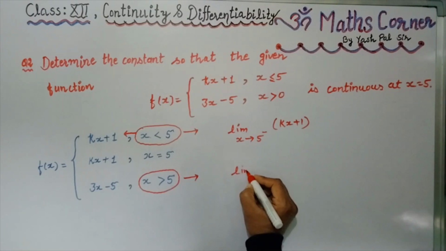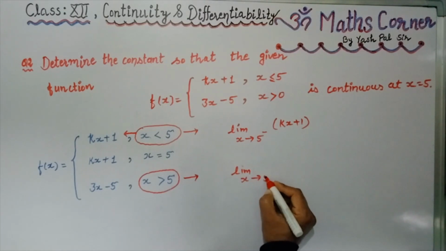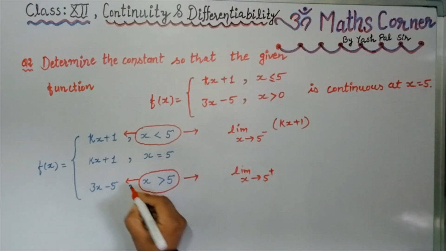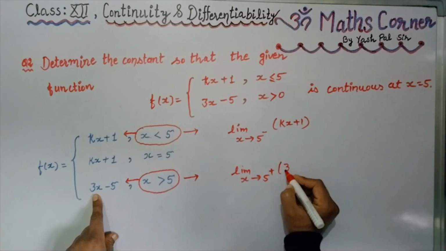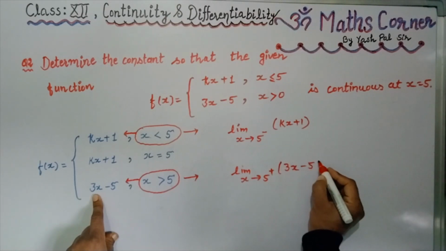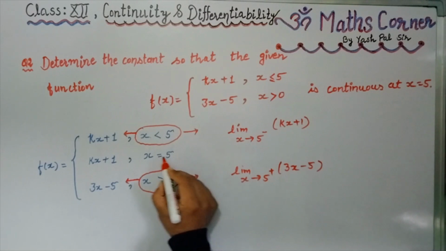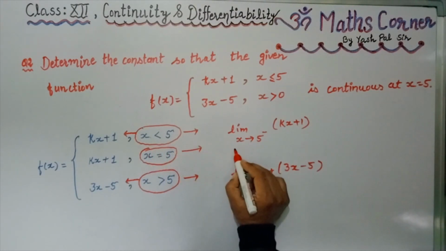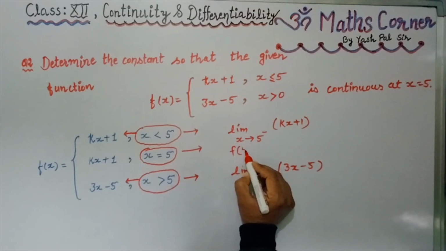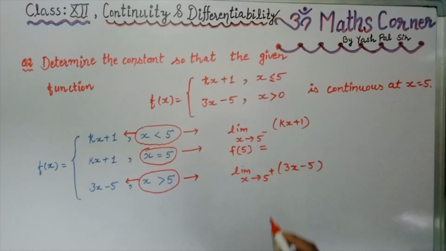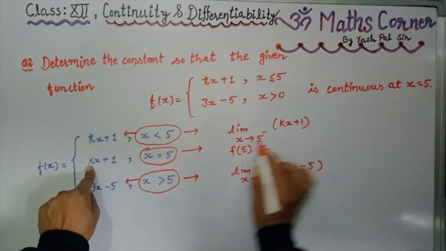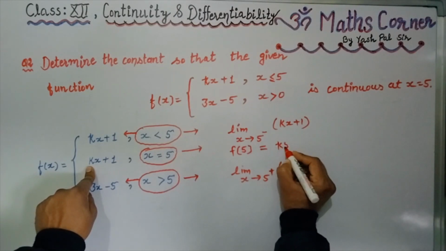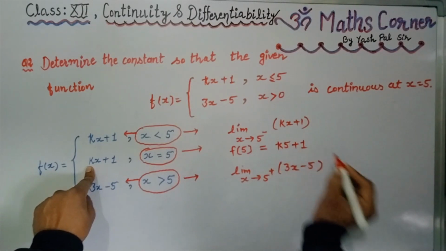So from here we conclude limit x approaches 5 plus symbol, that is right-handed limit. Here the function is 3x minus 5. And from x equal to 5, this gives us the functional value f of 5, which is equal to k into 5 plus 1, where we directly put 5 in place of x.